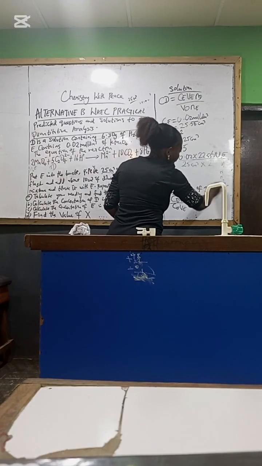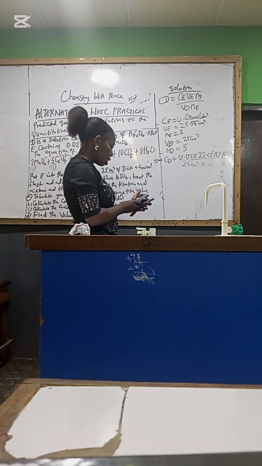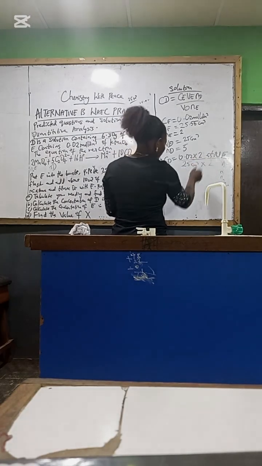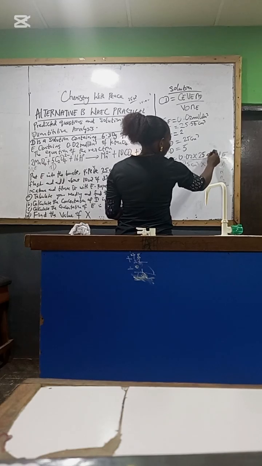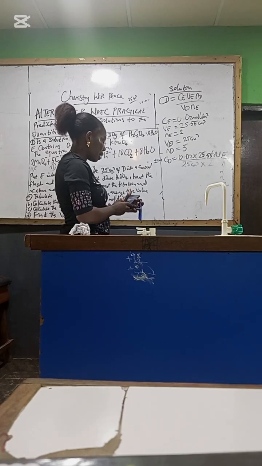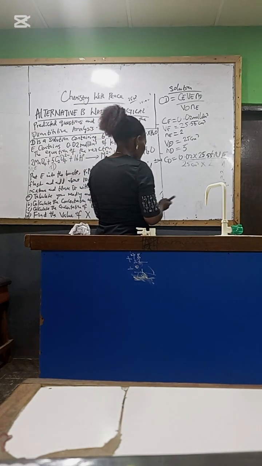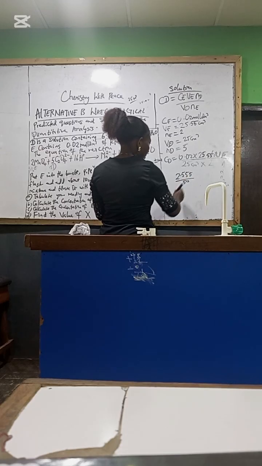Write this and tell us the answer you got. So looking at this now, we have 0.02 times 25.55 times 5, divided by 25 times 2, which is 50.